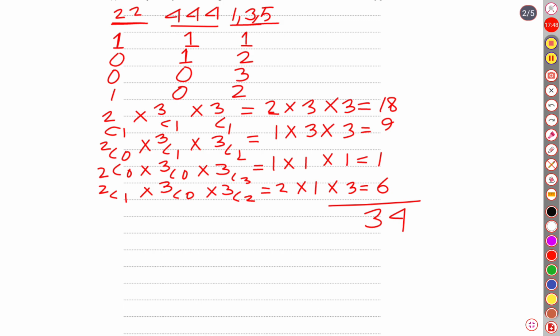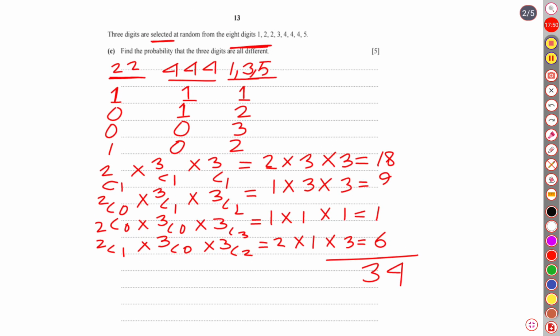Look, this is the selection of all three digits, different digits. They have told us to select all three digits differently, so 34 ways we can select them. But that is not the final question. Look, they have told us to find the probability. This is the final answer, probability. So before finding probability, we should know how many selections are there in total.